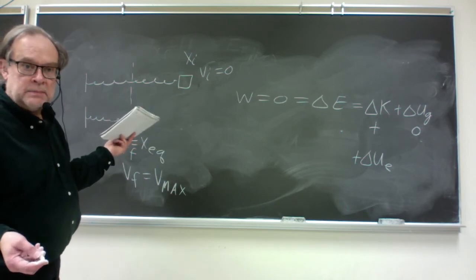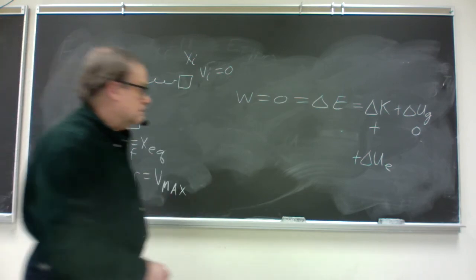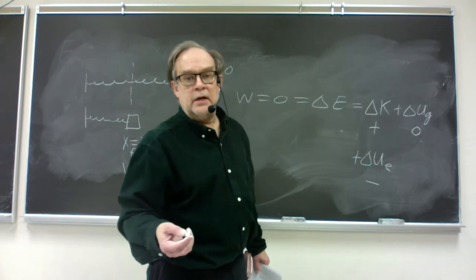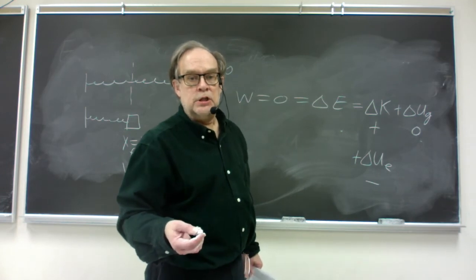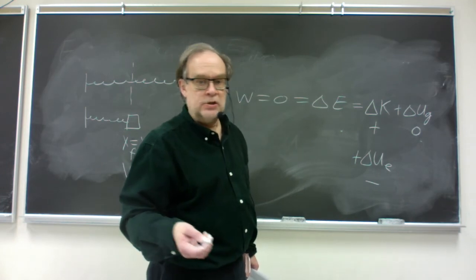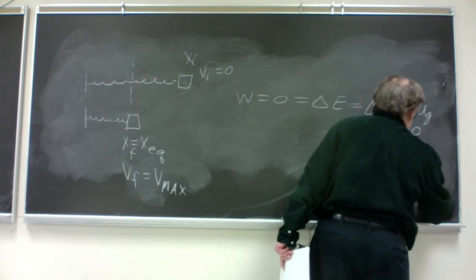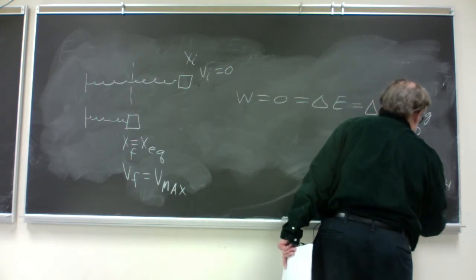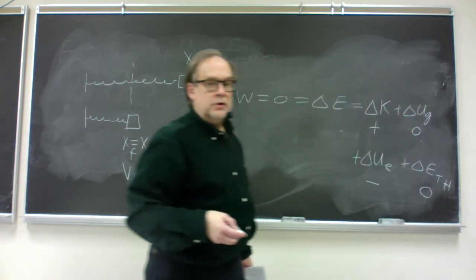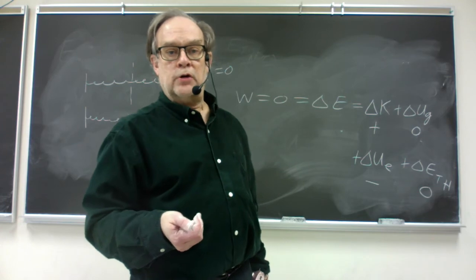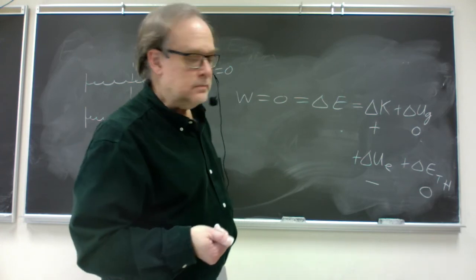All that elastic potential energy has gone away. In other words, a negative change. The spring lost elastic potential energy. And since there's, again, no friction to worry about, there's no process by which the thermal energy can be increased.